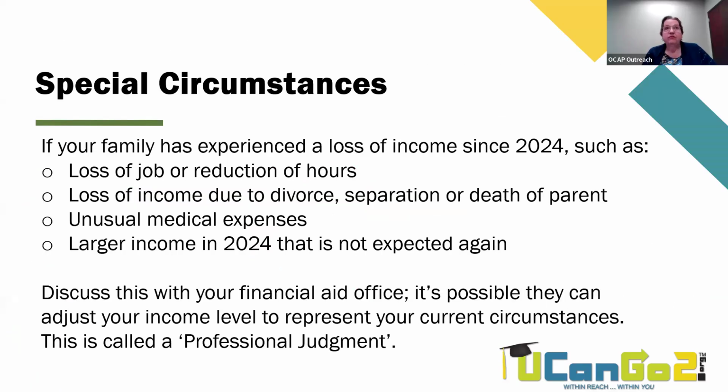All right, after the FAFSA is processed, after they get a summary, they may still have something that they want to appeal with the financial aid office. You have to report everything the way it happened in 2024.